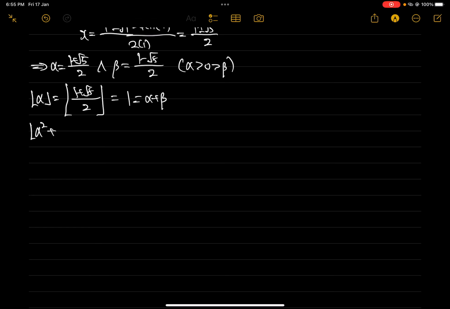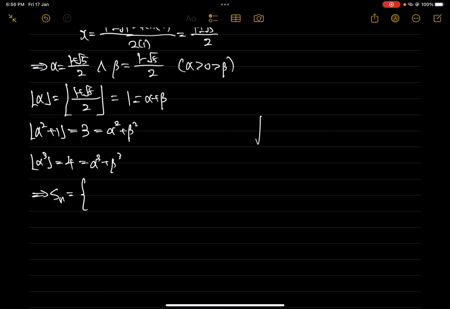Floor function of alpha squared plus 1 gives us 3. I've done these calculations beforehand, that's why I'm so fast. Which is equal to alpha squared plus beta squared. Alpha cubed gives us 4 with the floor function. And through recognizing patterns, we could say not Tn, we could say that Sn.